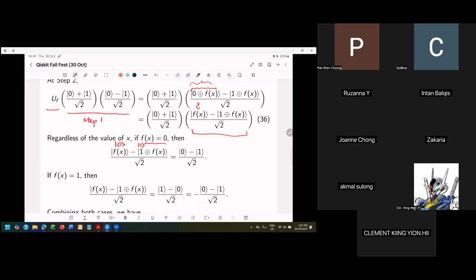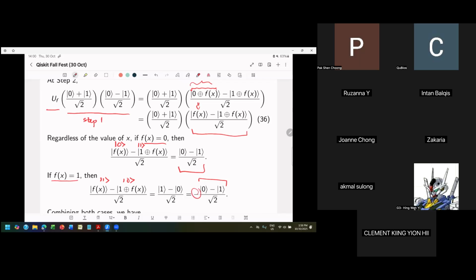Now if fx equals 1, then here you have 1, here you have 0. So it becomes 1 minus 0 divided by square root 2, and that is minus of 0 minus 1 divided by square root 2. So you see that 0 minus 1 divided by square root 2 stays the same. The only difference is if fx equals 1, you have an additional minus sign.